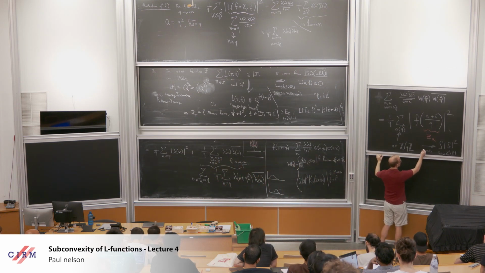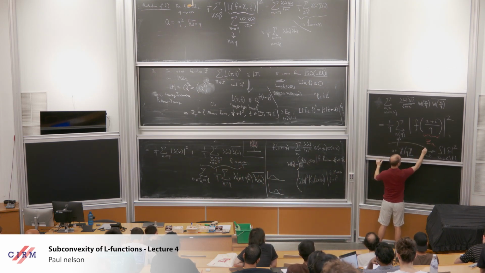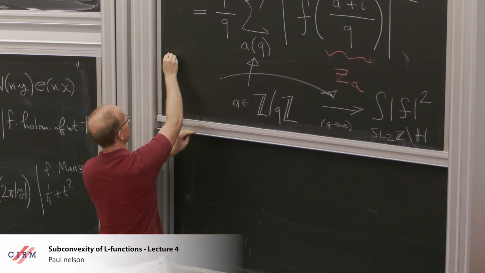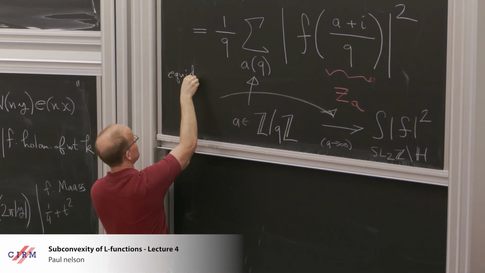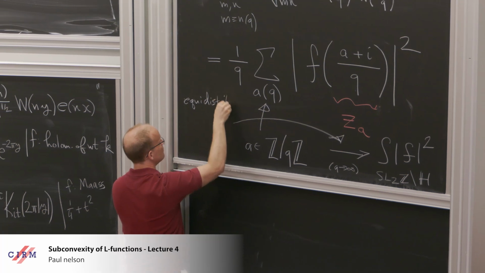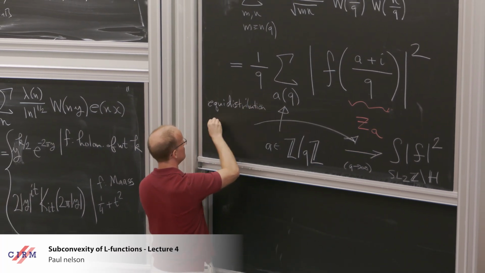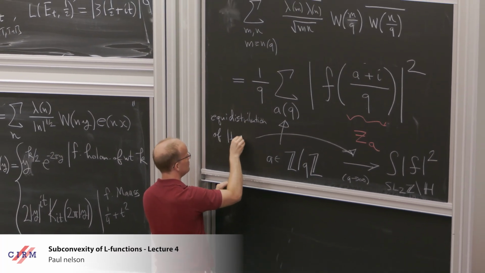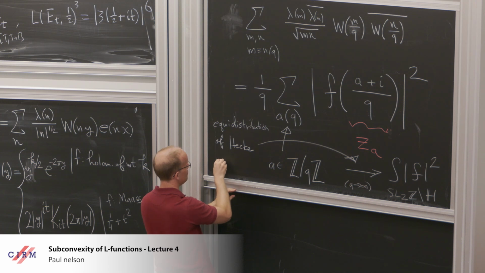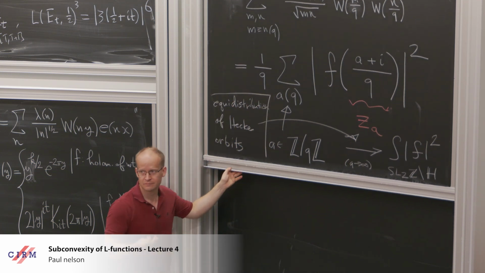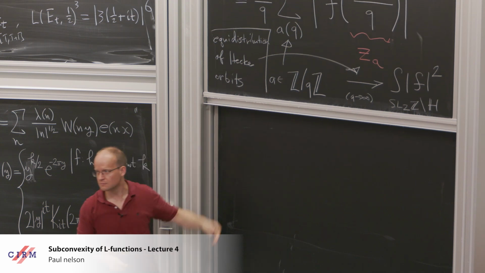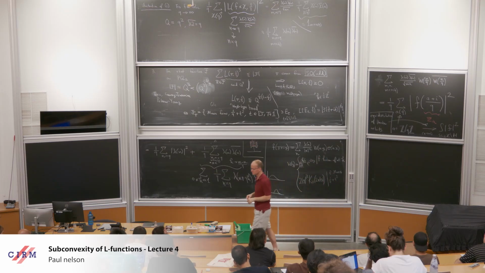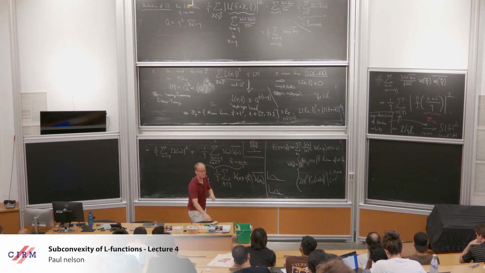So this here is, you might call it, distribution of Hecke orbits or Hecke points, something like that. But I'll sketch the proof.